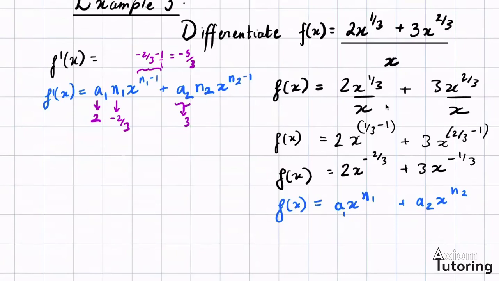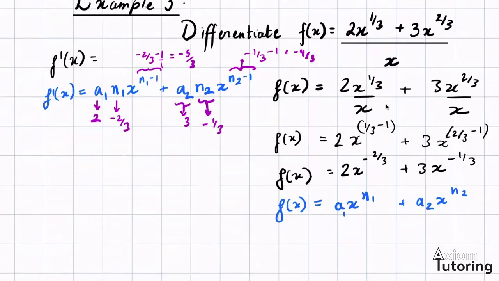And then n2 is our index value here that we bring down, so that's minus a third. And then n2 minus 1, that's minus a third minus 1, which is equal to minus 4 over 3.